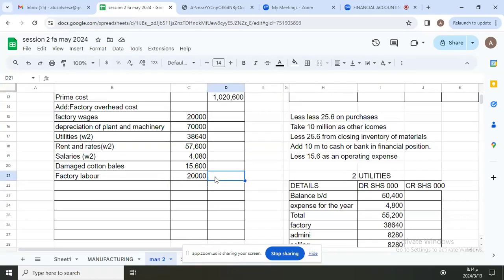So if we are getting 20,000, is there any other thing that we have left?